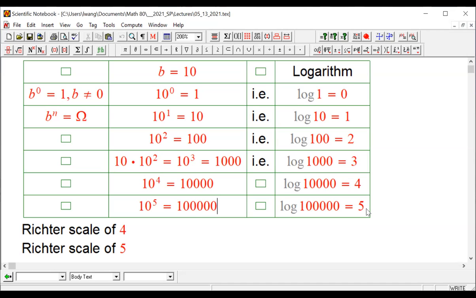Even though you hear the earthquake report on the radio, TV, or social media, the actual power you feel, the difference between power 4 and power 5, is 10 times. If you talk about destruction, it's 10 times as destructive. And the Richter scale is measured using the common log. Does that make sense, you guys? Any questions?